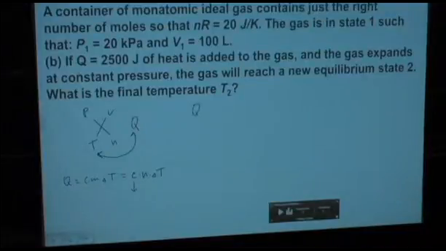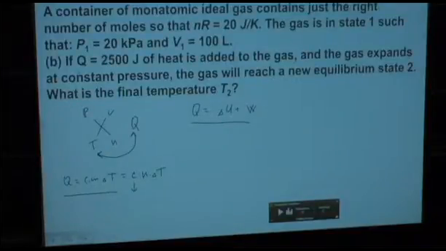So that's usually the best approach, to use the first law of thermodynamics. So you see, when we talk about heat related to solids or liquids, that would be the right way to do it. But as long as we talk about gases, this is the best equation to use.